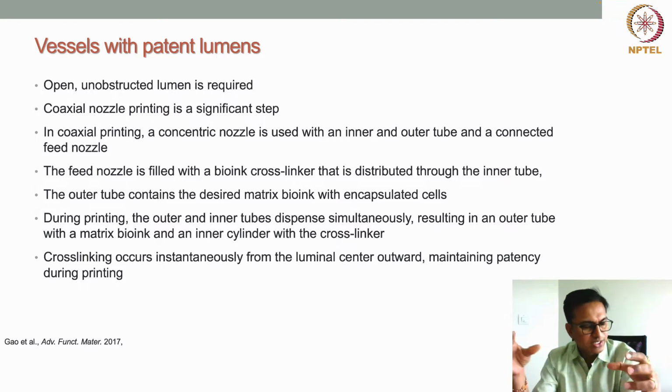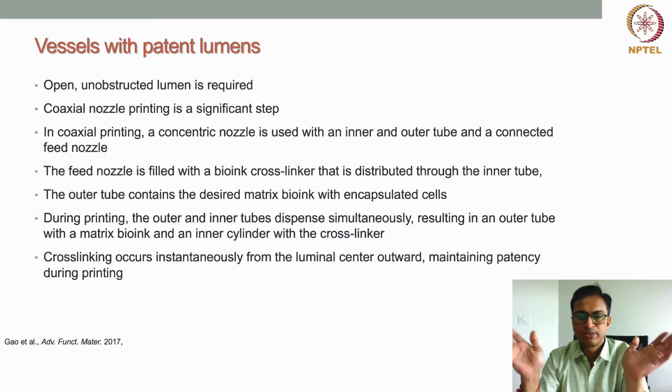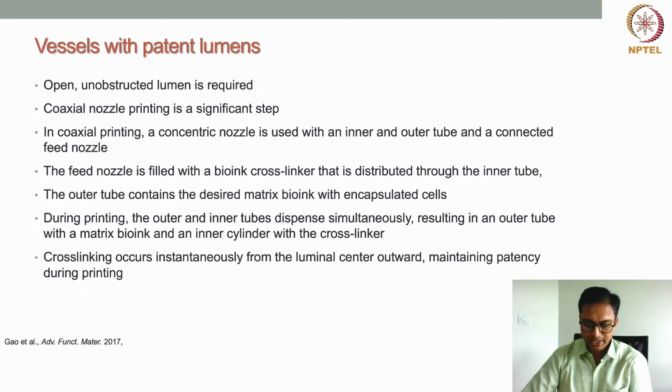So the crosslinker-filled tube will be developed, and because of the presence of crosslinker inside the tube, it will crosslink the bioink structure from the luminal center outward, maintaining the patency during printing.